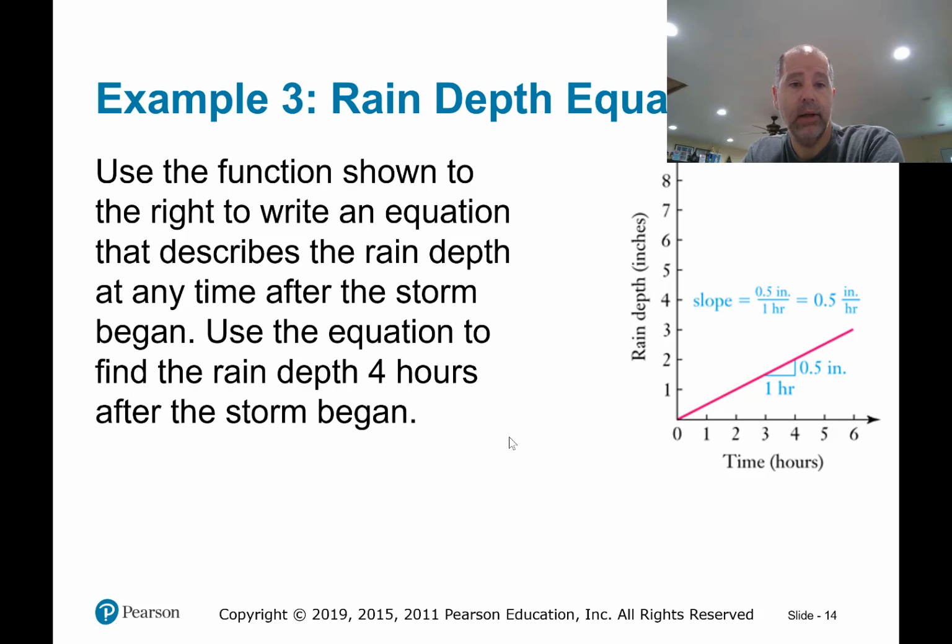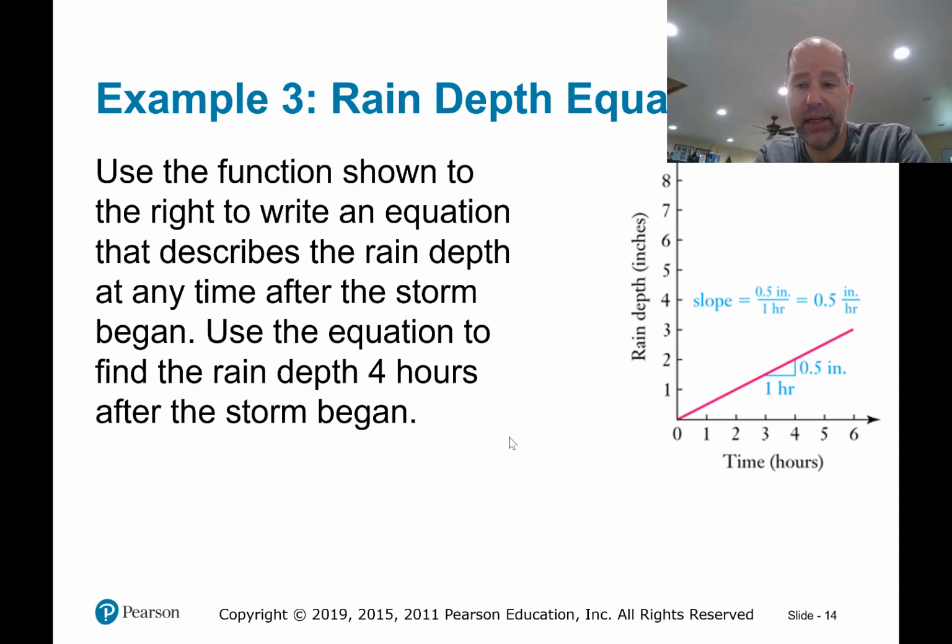All right, so now in this case here, we're going to use the function shown to write the equation of a line that describes the rain depth at any time after the storm begins. So x represents the number of hours after the storm has started. Use the equation to find the rain depth 4 hours after the storm began. So the first thing we want to do is find the slope.